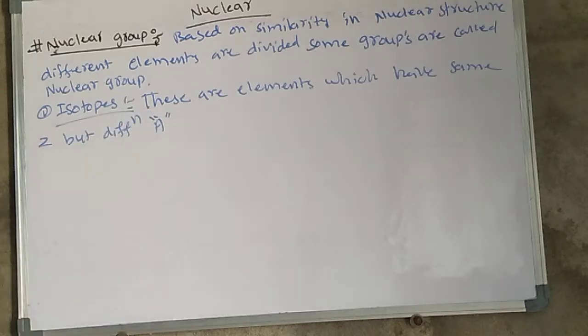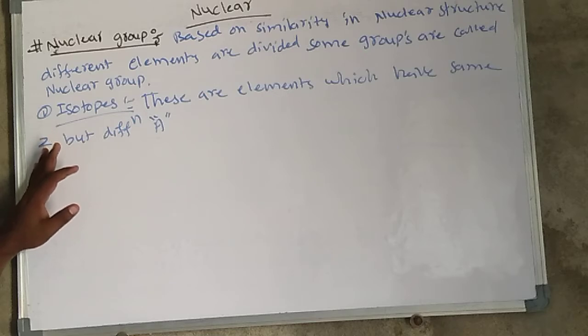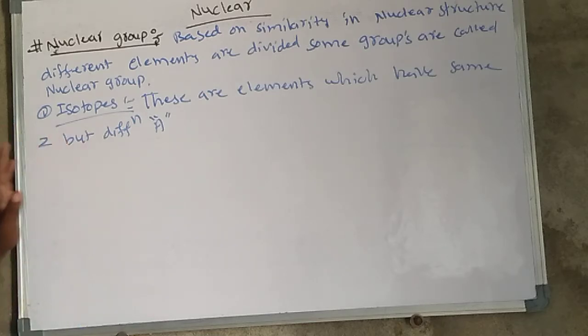Z is the charge and A is the mass, different mass. This type of element we call isotopes.